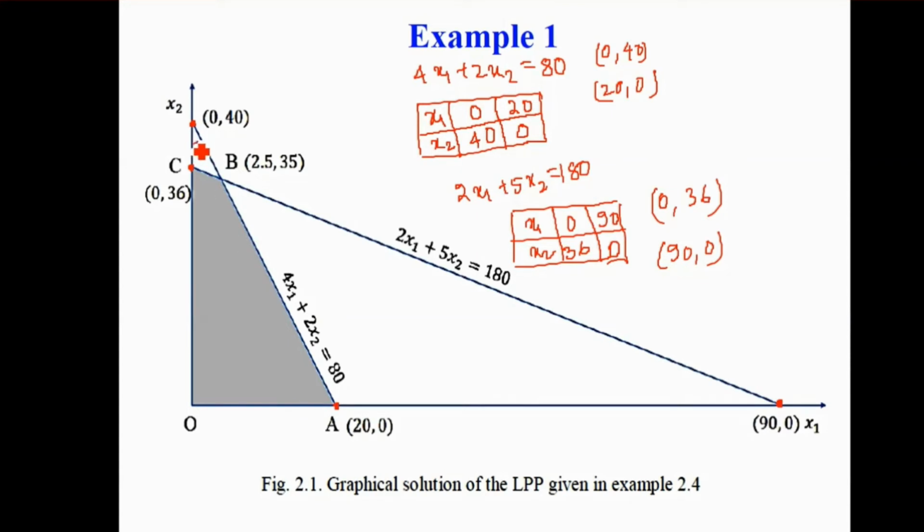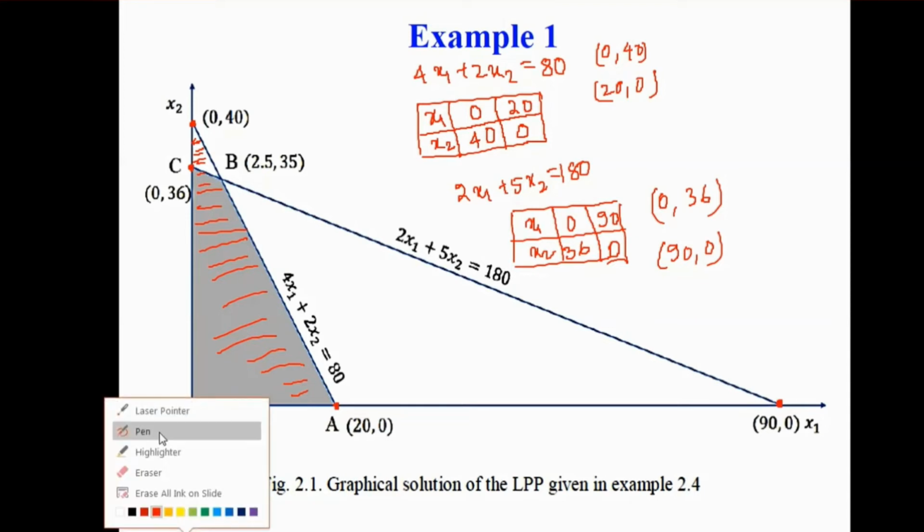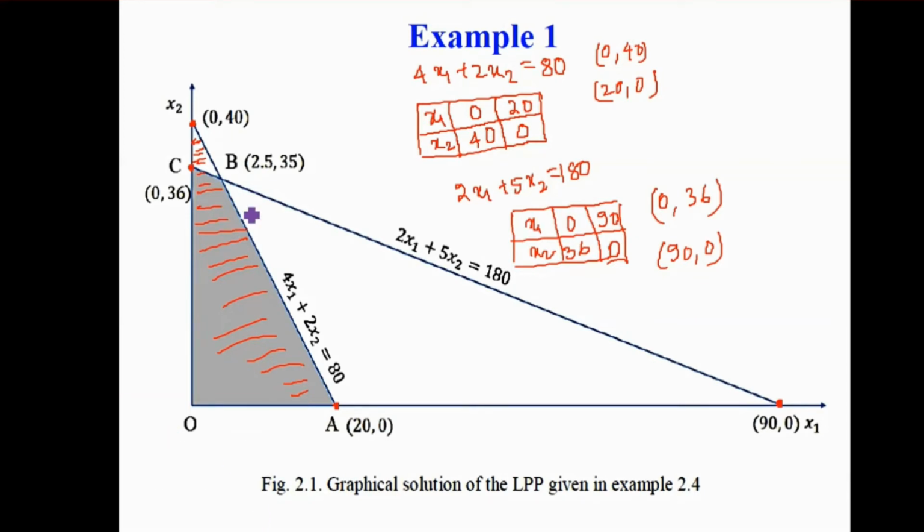So this is the region we get for 4x1 plus 2x2 equal to 80. Now if I take the second equation, 2x1 plus 5x2 equal to 180, then the region for it is this.